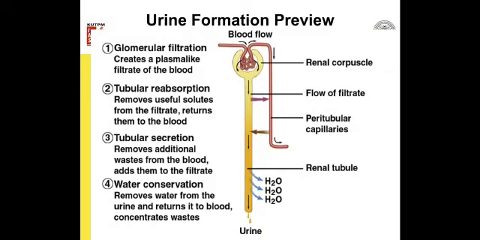There are no plasma proteins in it, whereas tubular reabsorption removes useful solutes from the filtrate and returns them to the blood. The tubular secretion, predominantly of hydrogen and potassium, removes additional waste from the blood and adds it to the filtrate. And finally, water is conserved, either by facultative or obligatory reabsorption.